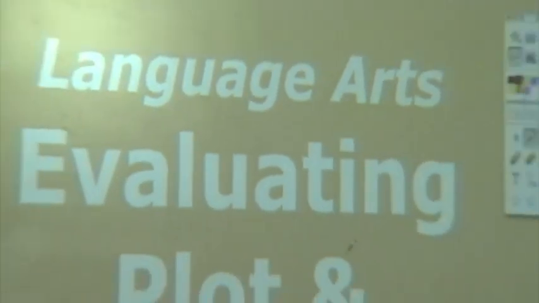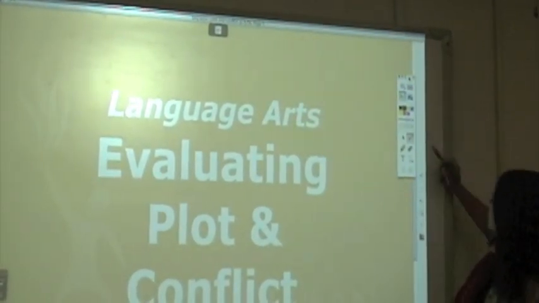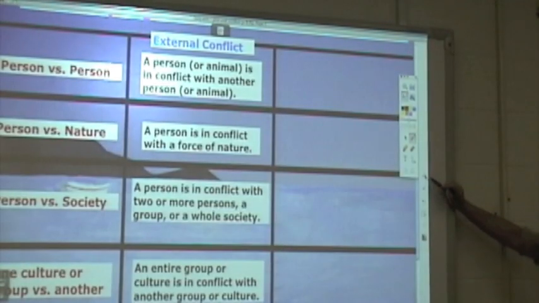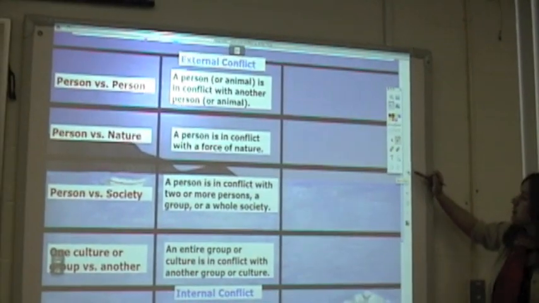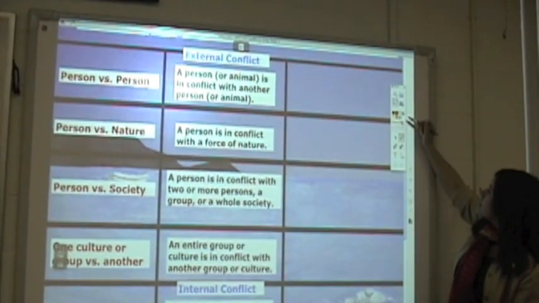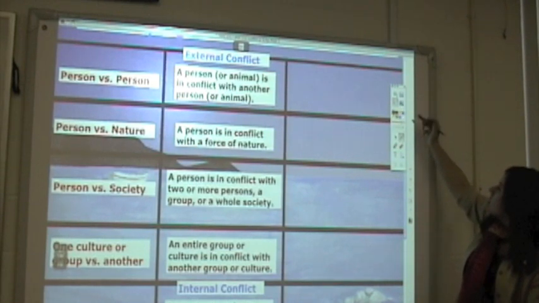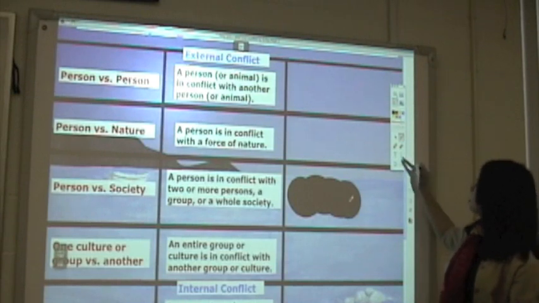Okay, and then it comes up with this, and then if you click your arrow key over on the side, it'll go to the next slide. So if you want to teach a lesson on plot and conflict, to get students involved, they can come up here and write anywhere they want on this.